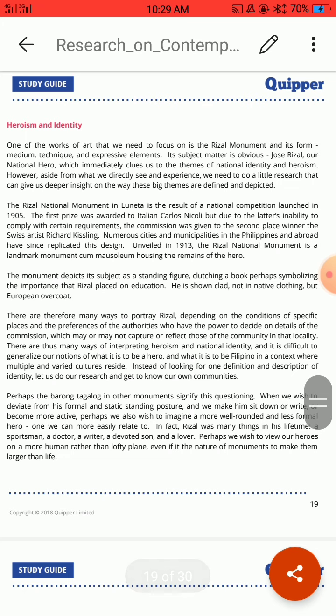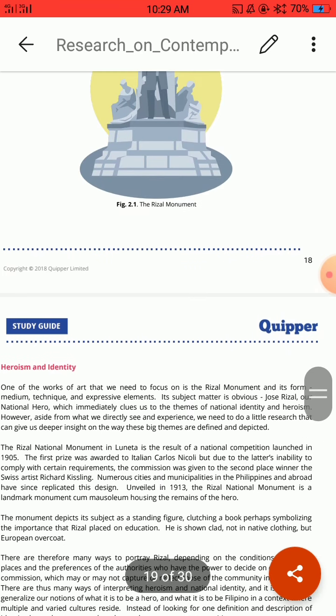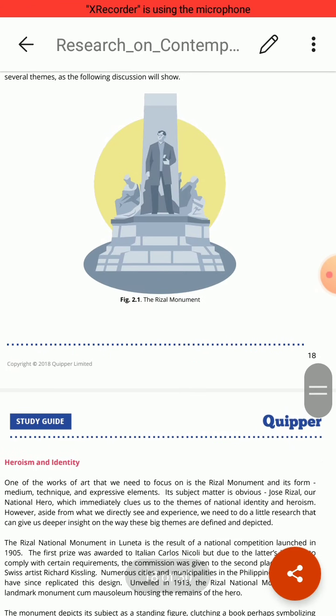So diri ang theme kan heroism and identity, makita nimo kung sakat kani nga artwork, makita nimo ang importance sa iyang identity, nganong naana siya, nganong kana ang subject, nganong naay unsay nabuhat di Rizal, then kanang unsa kung asa siya gikan, unsa iyang mga kuan, makita nimo yang identity as a national hero and as his self.